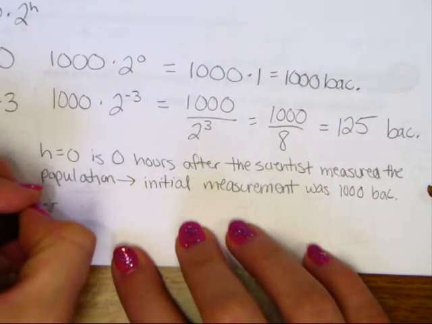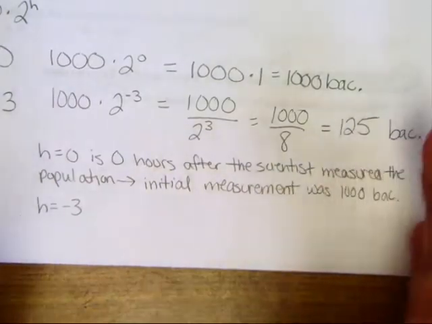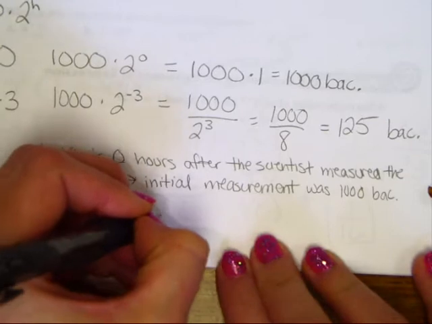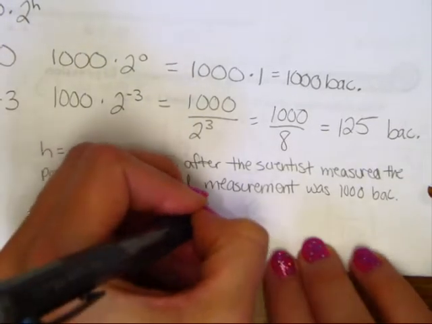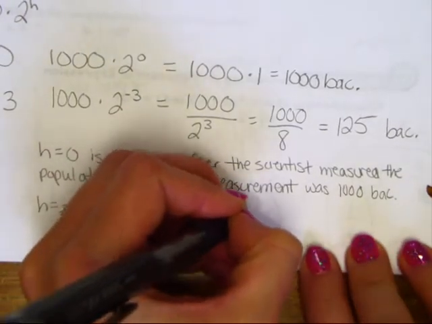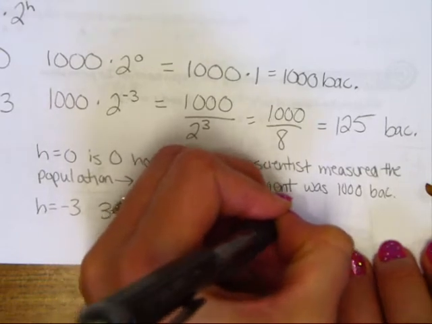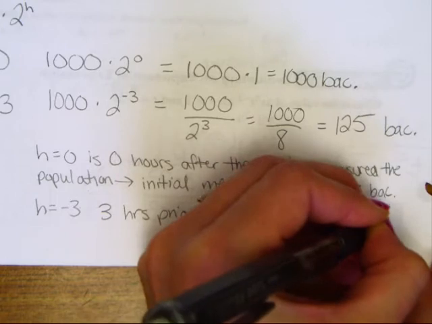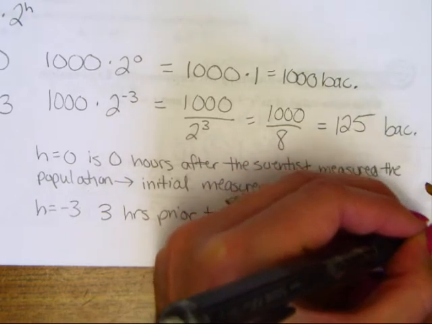So what does h equals -3 mean? Well, if it's negative, that means that it's 3 hours prior to his initial measurement. Because it's negative.